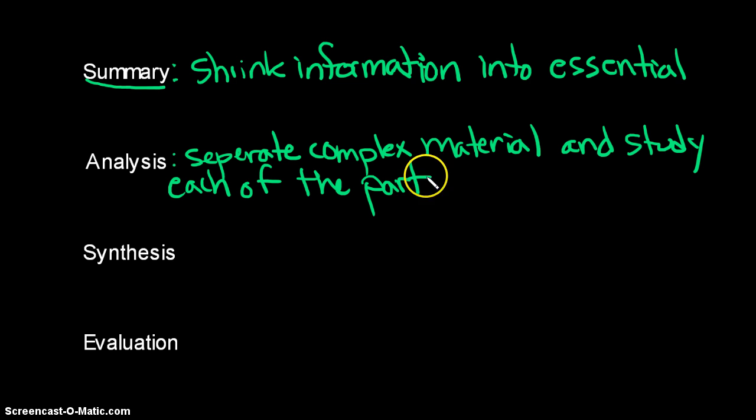For example, you might analyze the causes of World War II. You're going to look at all the different potential parts that led to the lead up of World War II. And then after looking at all those parts, you're going to talk about each individual one and discuss how they contributed and what the different factors were in deciding the role of each aspect.